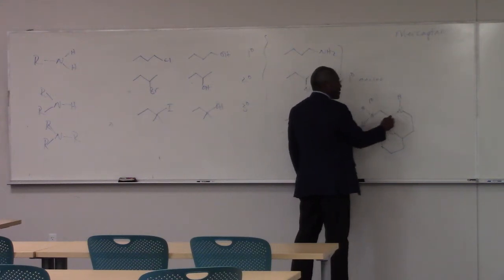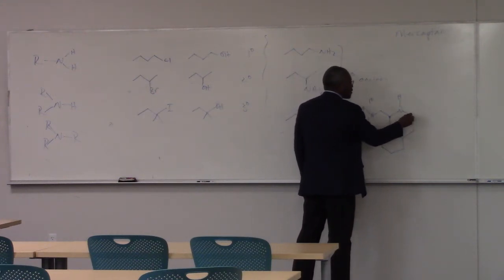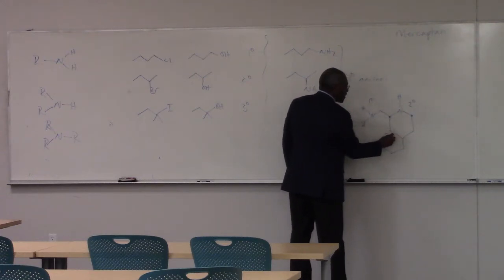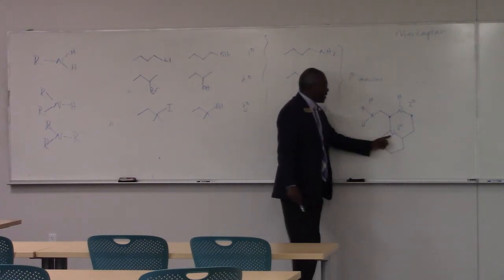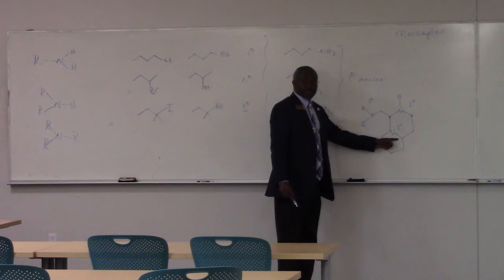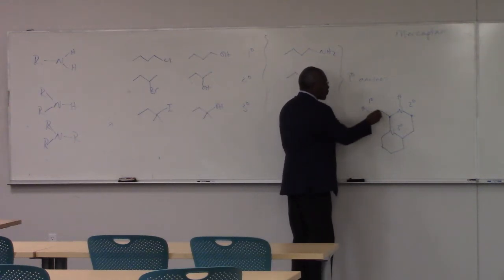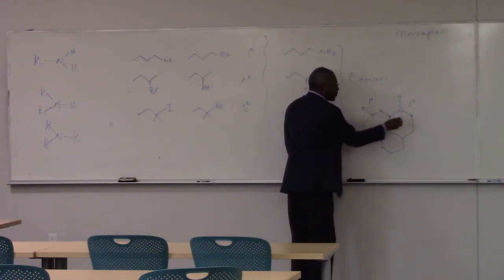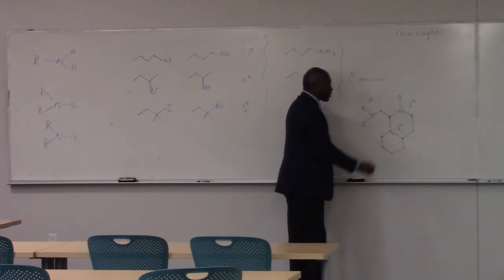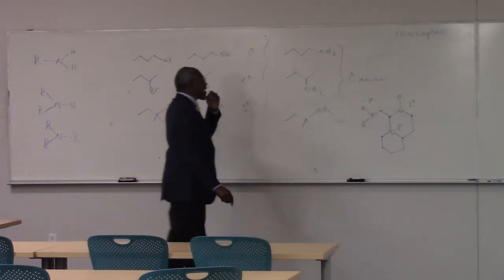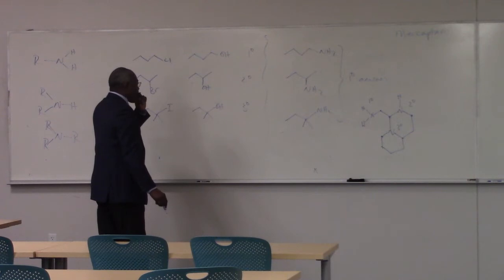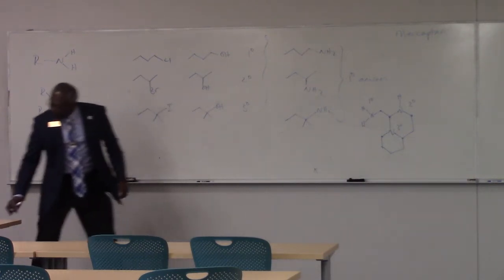This one is secondary, attached to 2 R groups. And this one is tertiary, where the N is attached to 3 carbons. So primary, secondary with 2 carbons, tertiary attached to 3 carbons.